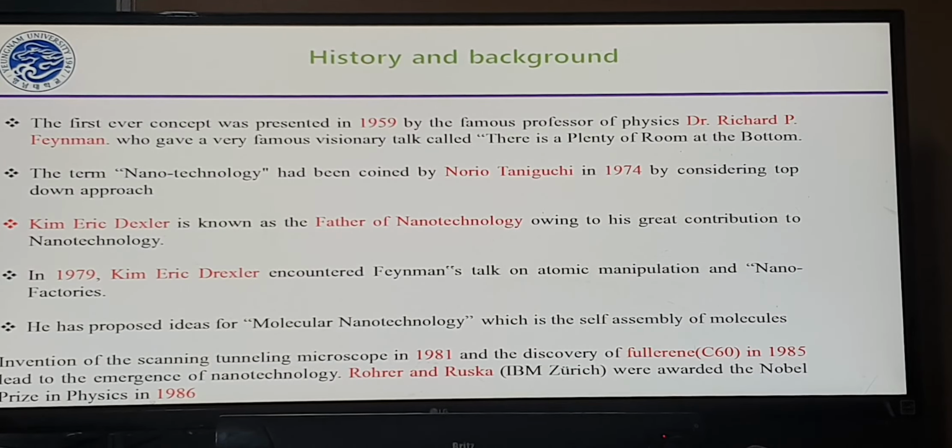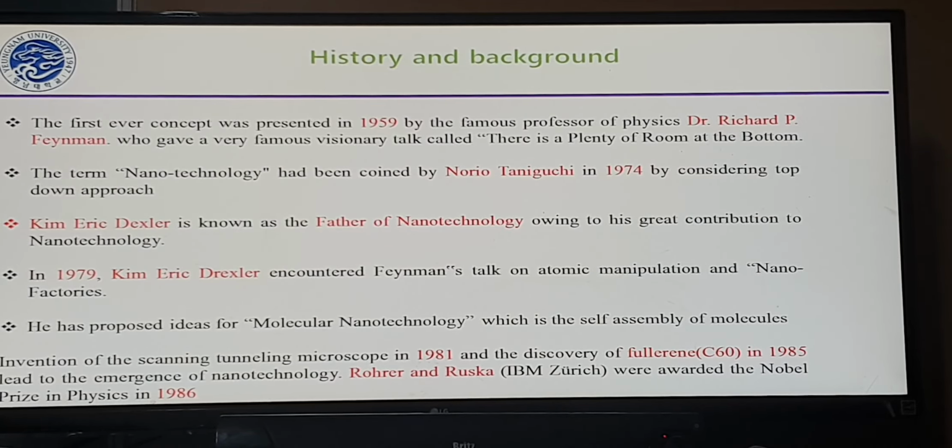The invention of the scanning tunneling microscope in 1981 and the discovery of fullerene C60 in 1985 led to the emergence of nanotechnology, and for this they were awarded the Nobel Prize in Physics in 1986. So these are some of the major events in the history of nanotechnology.